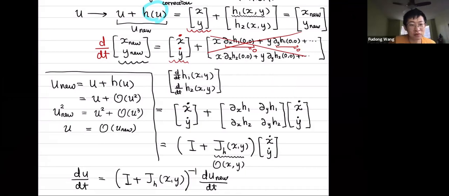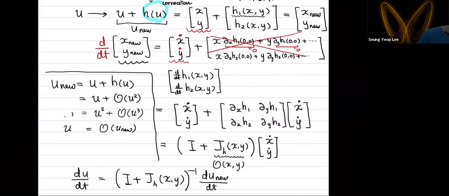If u nu is Taylor expanded like this, then by inverse Taylor, u will also be Taylor expanded in terms of u nu.